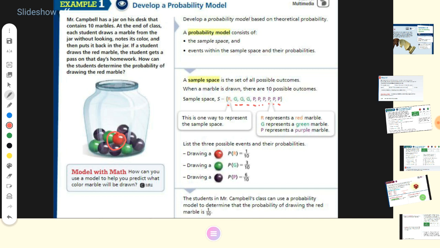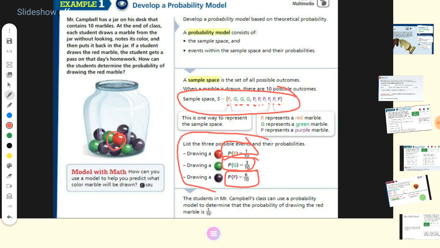The whole number is 10, so the probability of purple is 6 over 10. What is the probability of green? 3 over 10. What is the probability of red? Just one red, so it's 1 over 10. This is how to describe it. So we now write the sample space and the events, and together this is called a probability model.